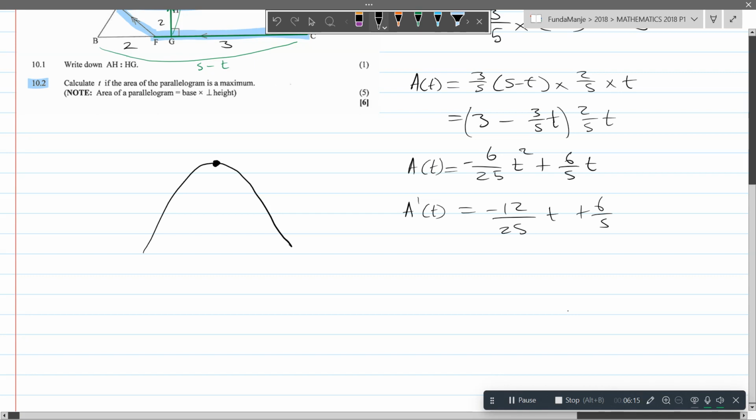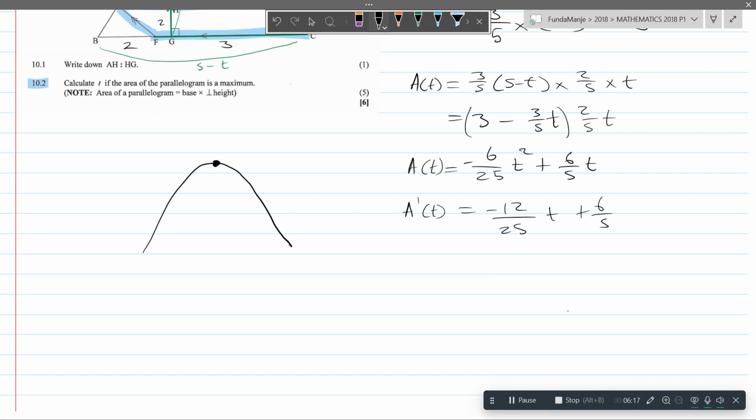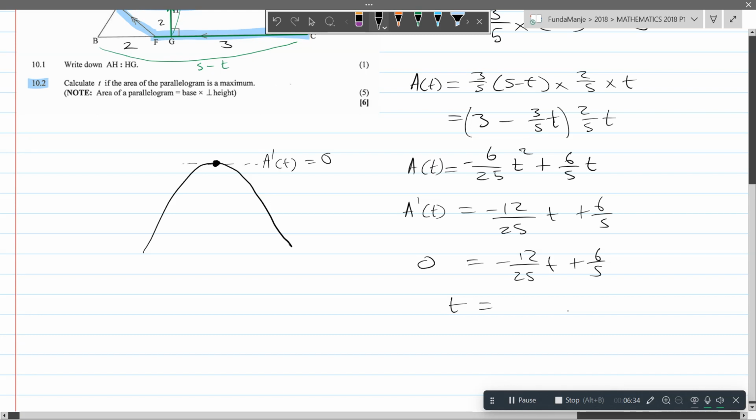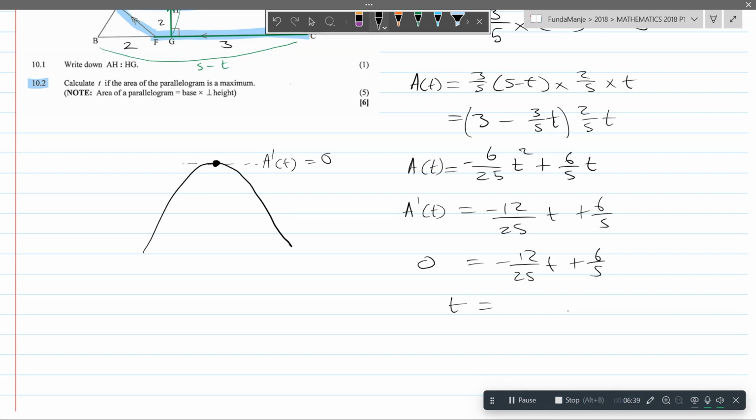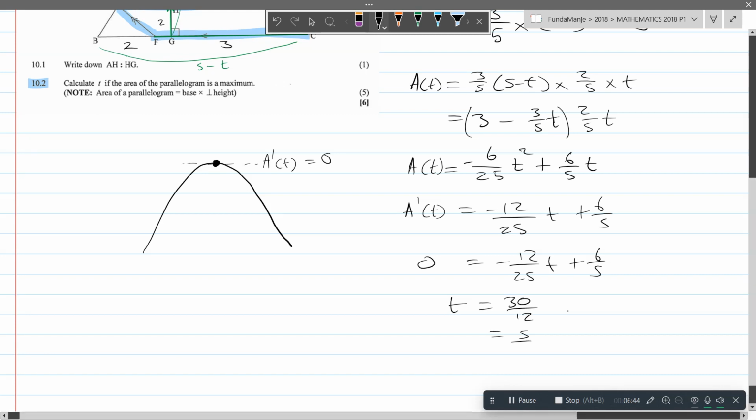So the maximum area that we can get will happen at the turning point, and there we will have a gradient, or a value of the first derivative of T, being 0. So making this 0 and then solving for T, you would have 30 over 12, or simplified, you would get 5 over 2, by taking 6 over 5 to the other side, multiplying through by 25 and dividing by 12.